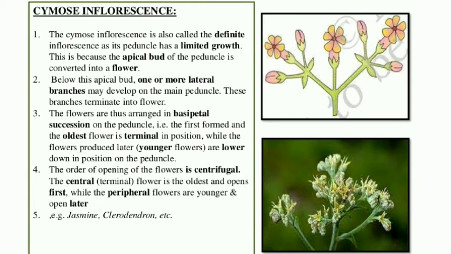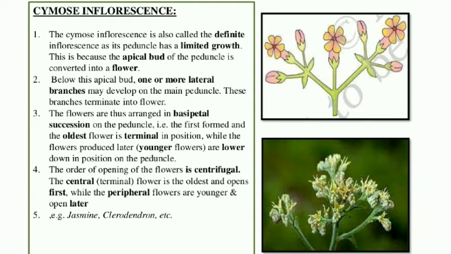Look at the third point. The flowers are thus arranged in a basipetal succession on the peduncle. In racemose it was acropetal, but in Cymose it is basipetal. That is, the first formed and oldest flower is terminal in position, while the flowers produced later, the younger flowers, are lower.